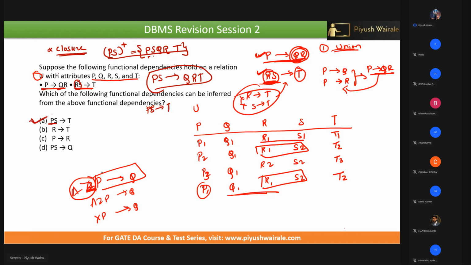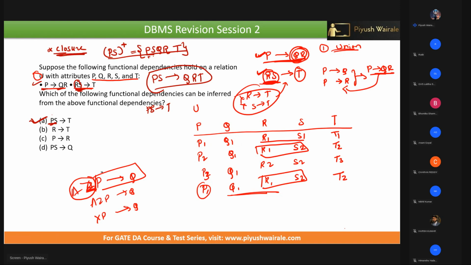So, closure of an attribute: whenever you are taking the closure of an attribute, first write down the attribute whose closure we are taking, for example PS. Then from P or from S or from a combination, determine which attributes we can get using the FDs. You can see I have P, so I have added QR also. Now from PSQR, which attribute can I add?